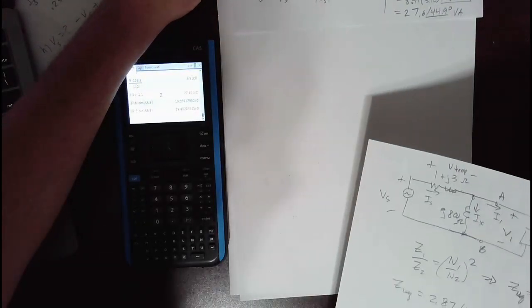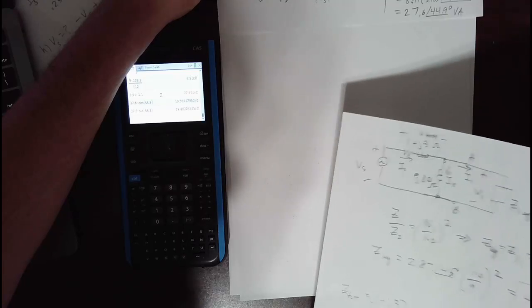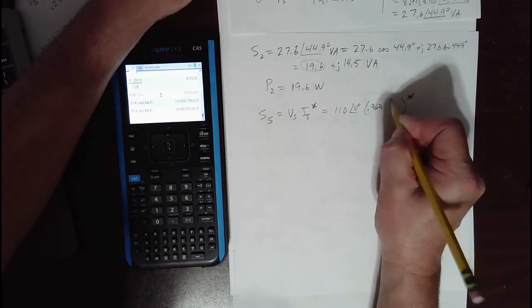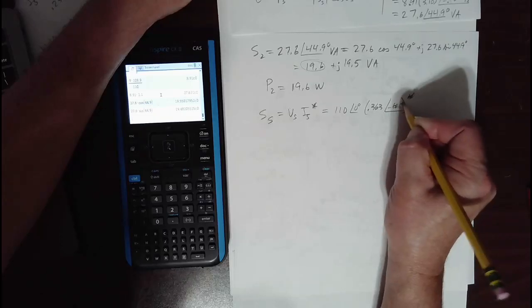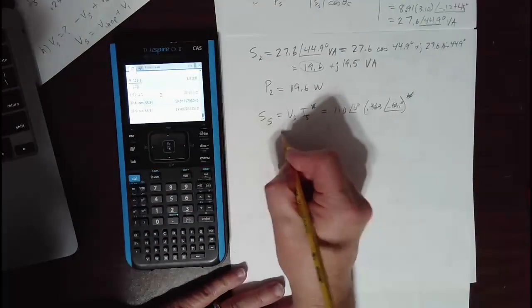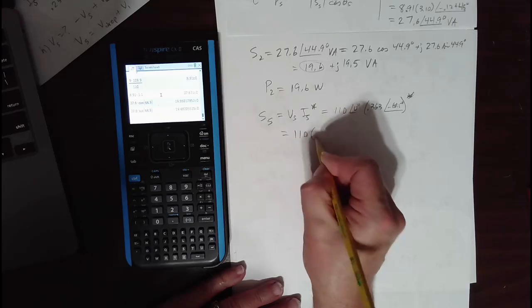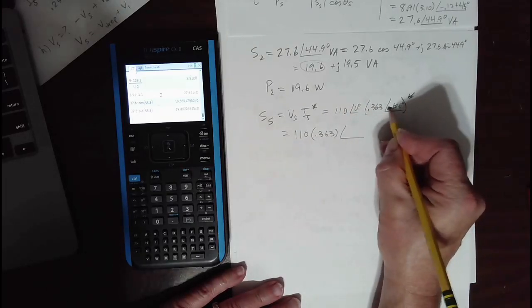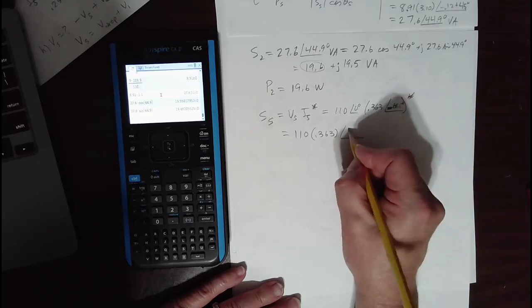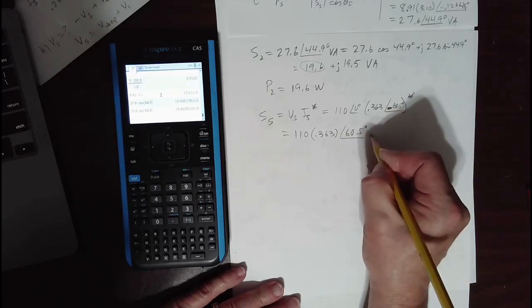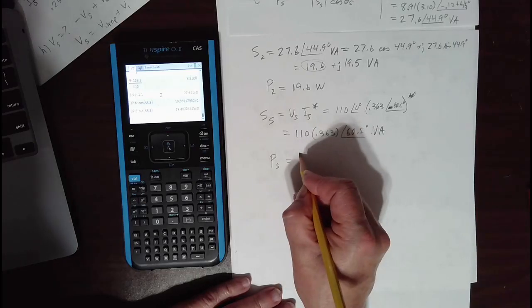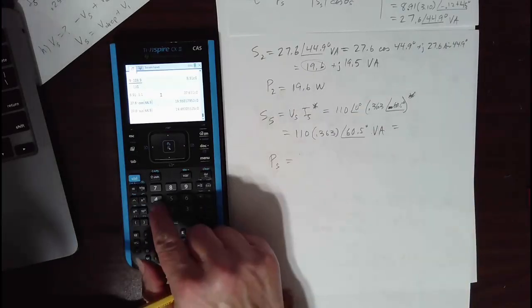IS 0.363 angle negative 60.5. So VS is 110 times 0.363 angle of negative 60.5, so positive 60.5 degrees. VA. So P sub S, well, I guess we can calculate it.